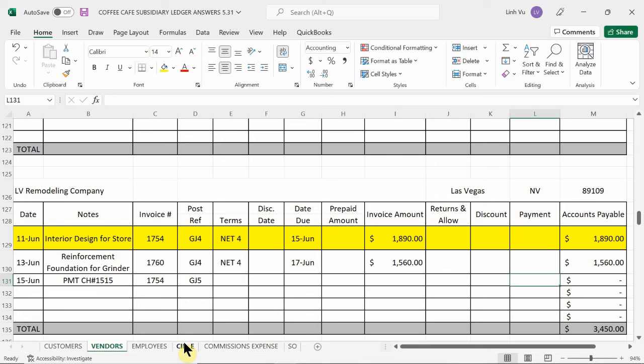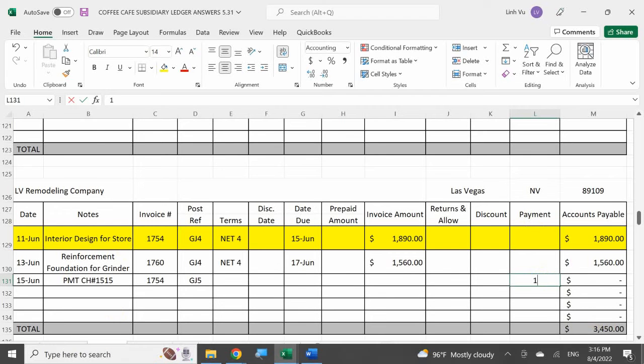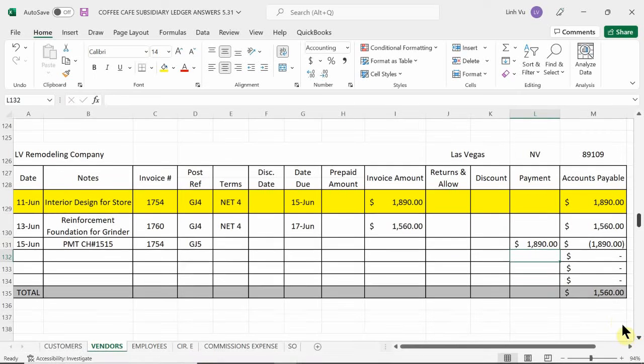Now in this case, am I recording another bill? No, we are just recording the payment. Exactly. So after making that payment, we only owe $15.60. Is that true? Yes.